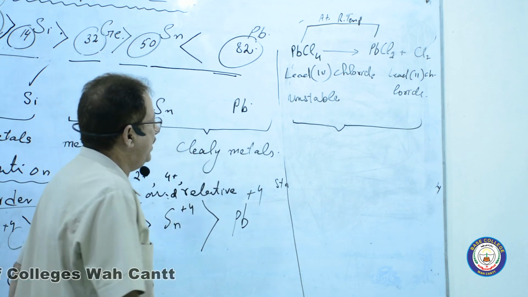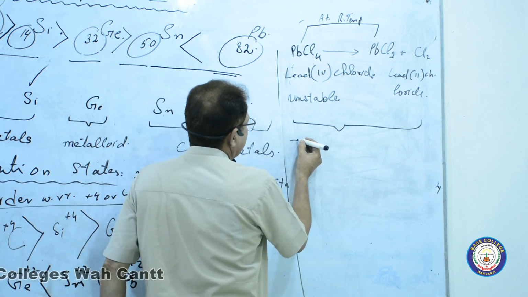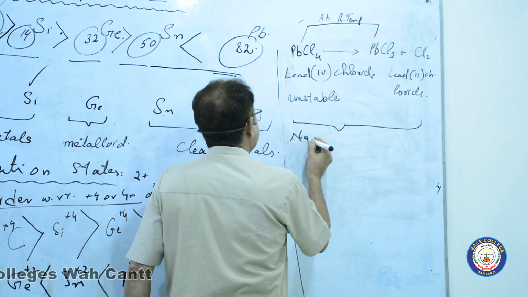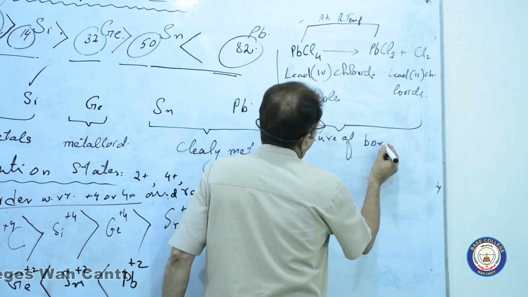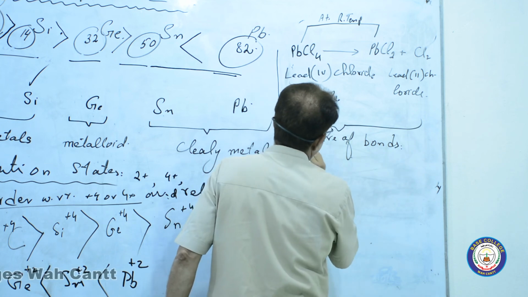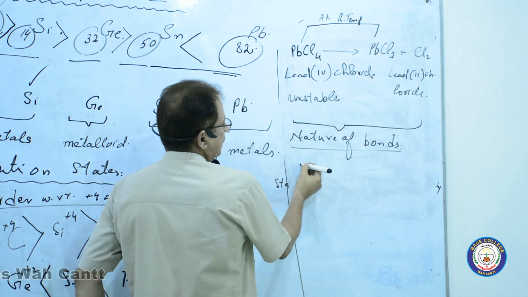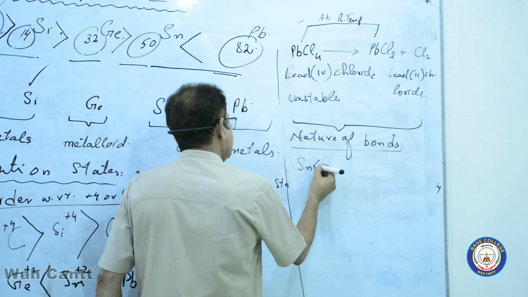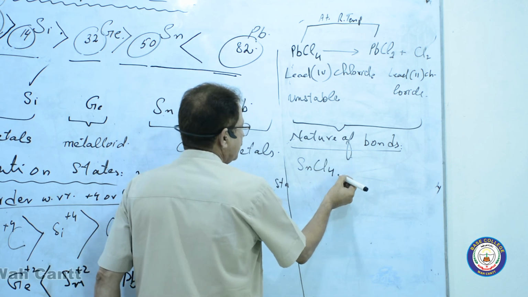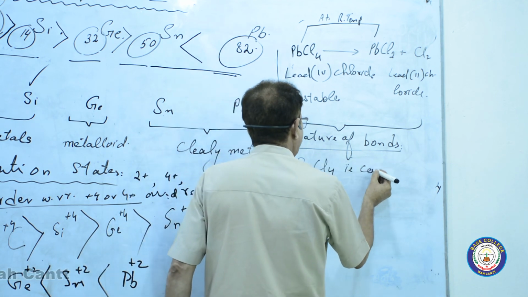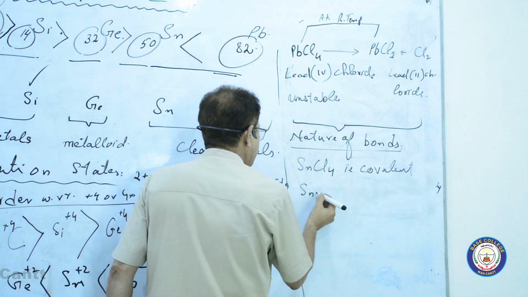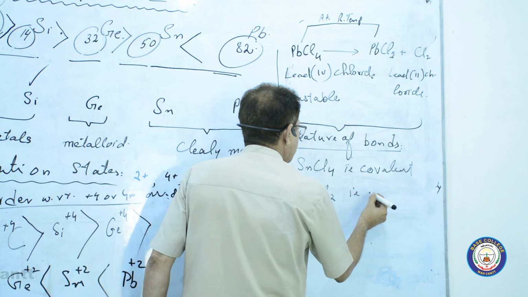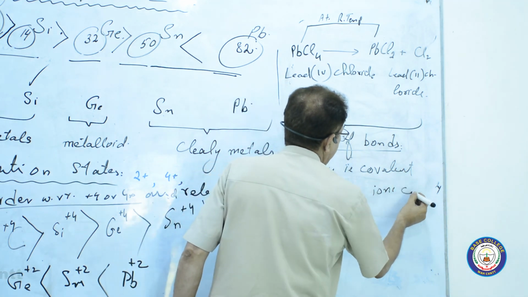About the lead. Now, nature of bonds. SnCl4, that is covalent. SnCl2, that is ionic.